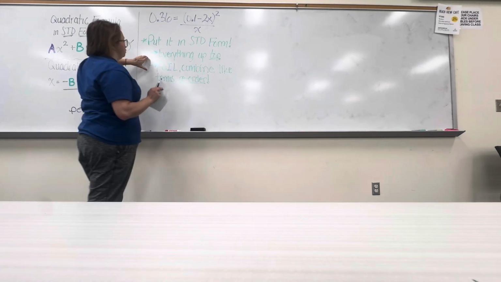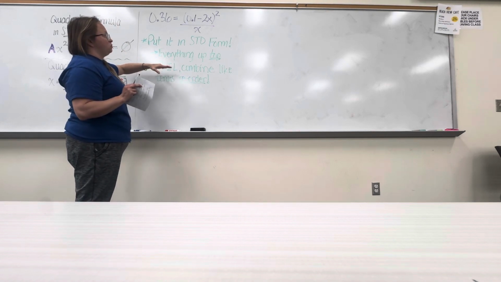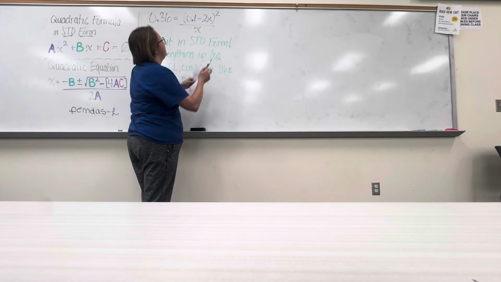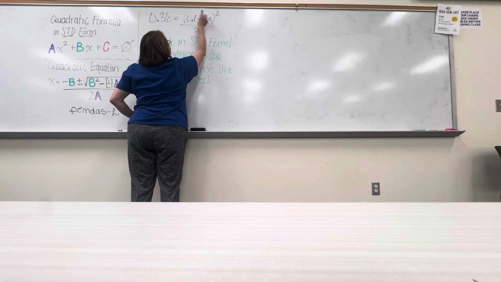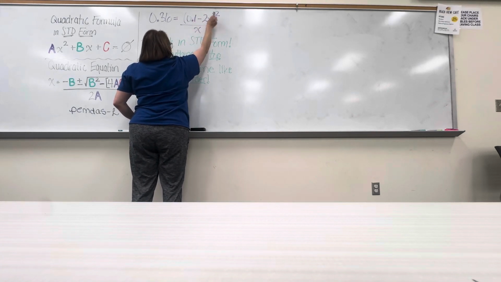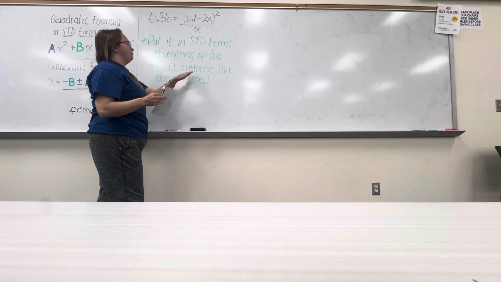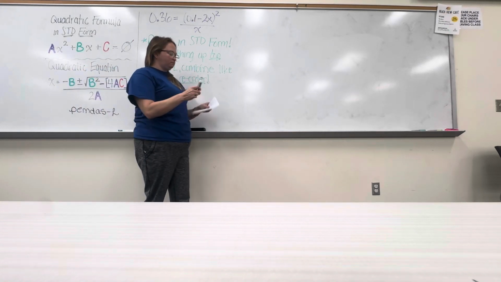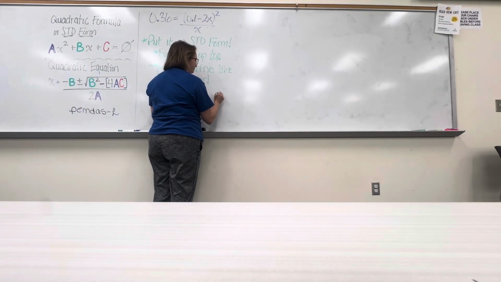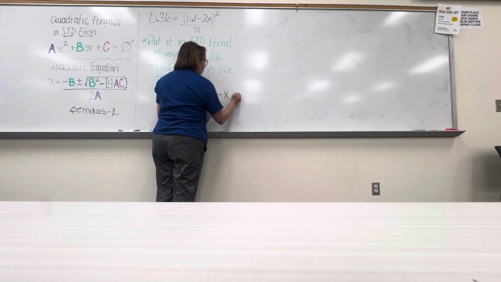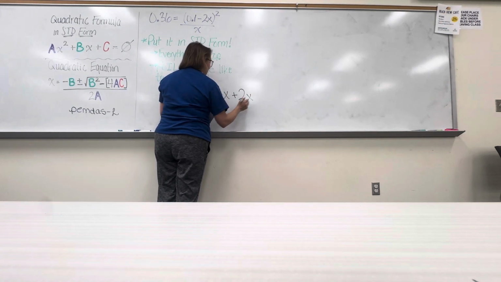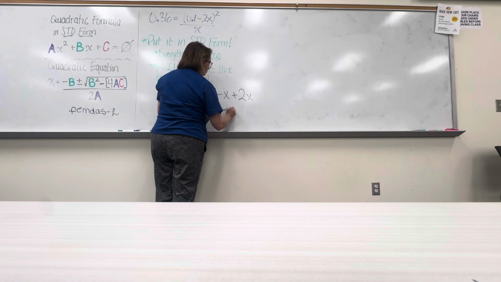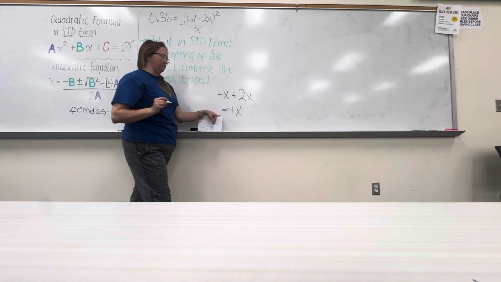Then you're going to FOIL, which is just the distributive property of this portion up here, okay? You're going to combine like terms, so you know that you can add, say, negative x plus 2x. That's just going to give you positive x, right?